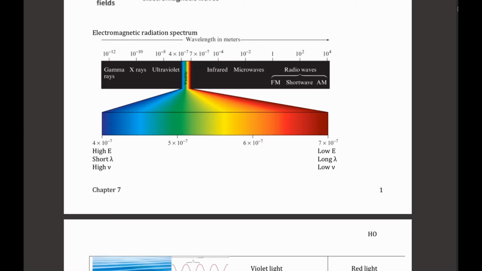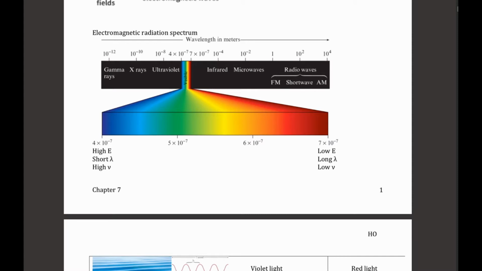And the visible spectrum is actually a very narrow portion of the whole electromagnetic radiation spectrum. And it runs from violet, the highest energy end, which has a wavelength of around 4 times 10 to the minus 7 meters, or 400 nanometers, all the way to the red end, which has the wavelength of 7 times 10 to the minus 7 meters, or 700 nanometers.